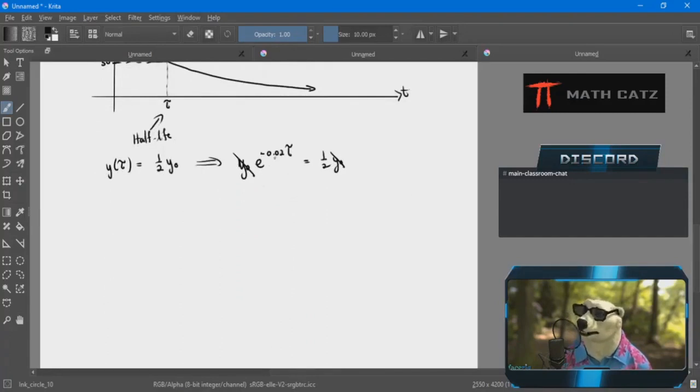So I now solve for tau, and I get negative 0.02 tau equals natural log of a half. So tau is natural log of a half over the decay constant.